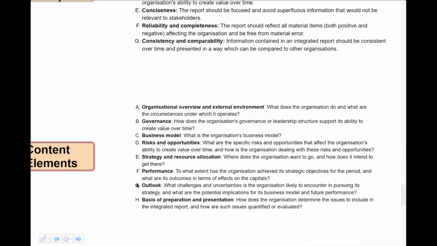Next area, outlook. I guess this is about the future, the challenges and uncertainties in terms of strategy and other areas, and how the outlook may change. Is there anything in the future that concerns the board?